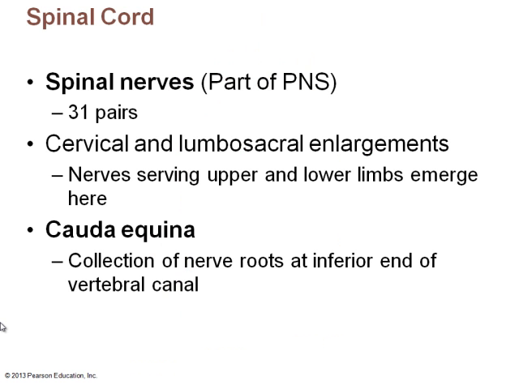So, how many spinal nerves do we have? 31 pairs. We have cervical and lumbosacral enlargements in the lower region and in the upper region because of what? Because of those extremities. We have more stuff feeding in, more wires. Cauda equina is a collection of nerves that are going to feed in from lower extremities.